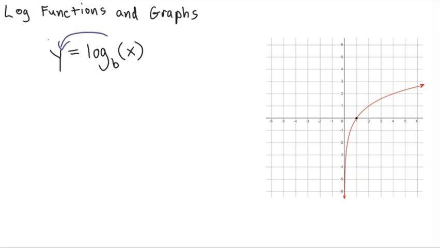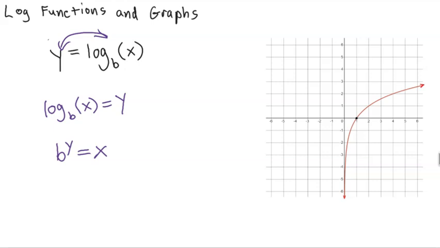If we reverse these two sides, so if we write it instead as log base b of x is equal to y, watch what we do here. If we convert this into an exponential, b to the power of y equals x. And you'll see what's happened here now.